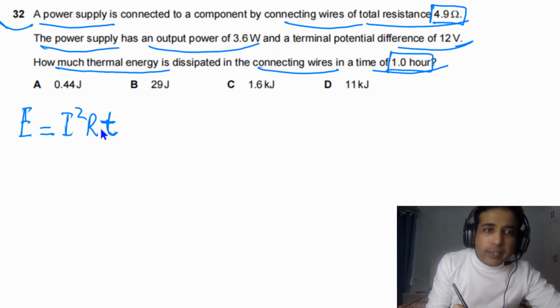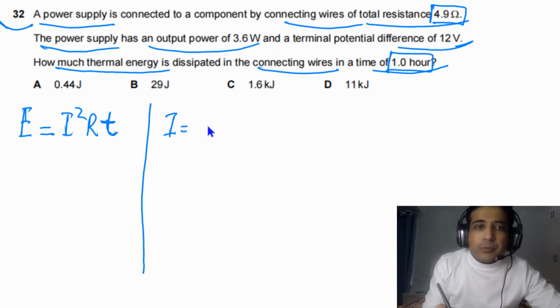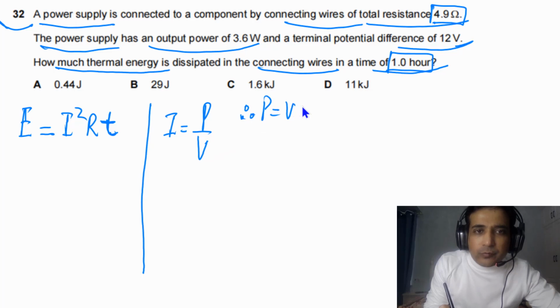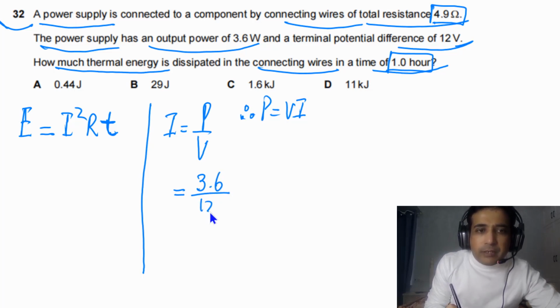So if we can find the value of I, we can figure out the value of E. In order to find I, we need to look at the power output of the power supply and the terminal potential difference. So I is equal to P over V. We are simply using the formula P is equal to V times I. Now we simply need to plug in these values. Power in this case we have 36 watts divided by 12.